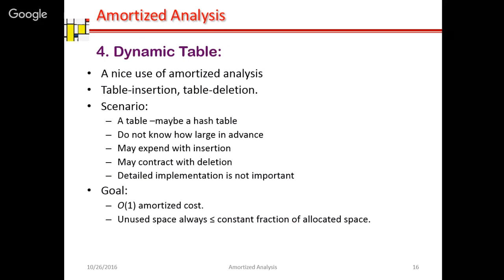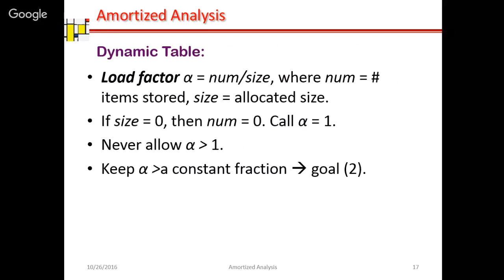So the unused space should always be less than or equal to a constant fraction of the allocated space. So here you're looking at the load factor alpha, which equals the number of items stored divided by the size of the table, where the number is the number of items stored and the size is the allocated size.